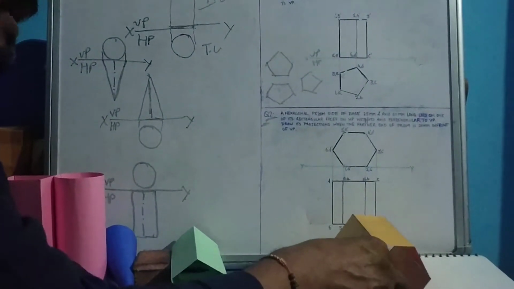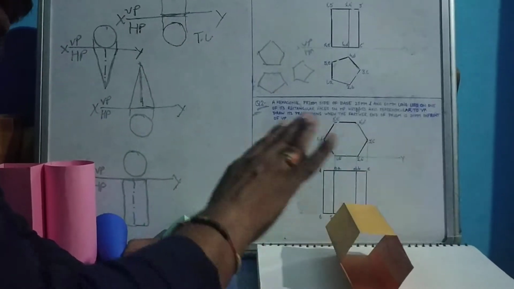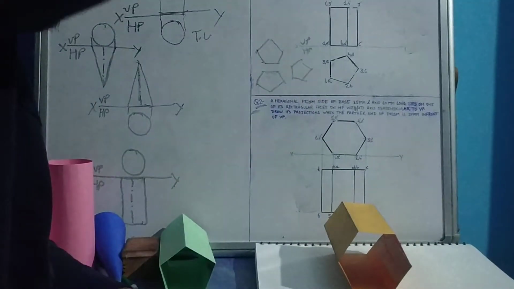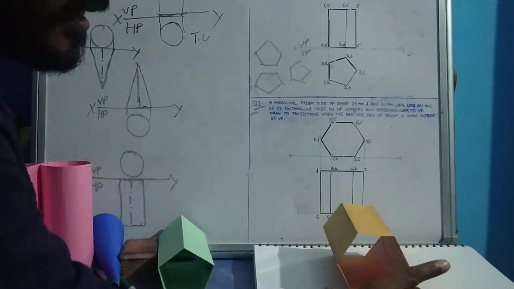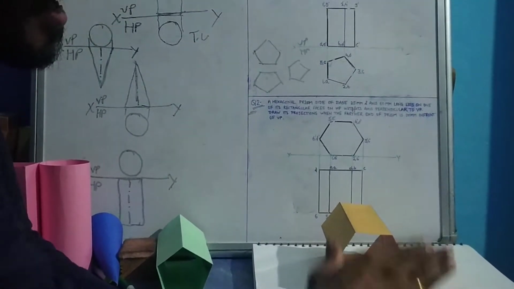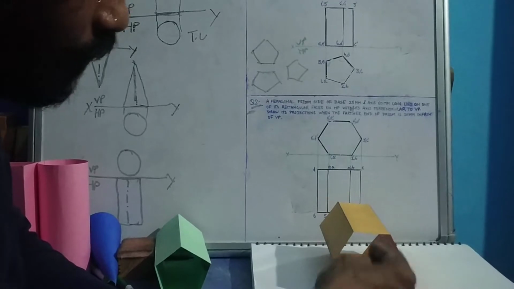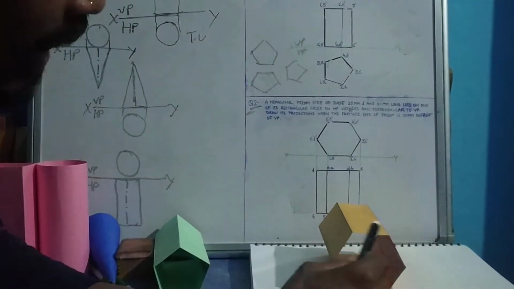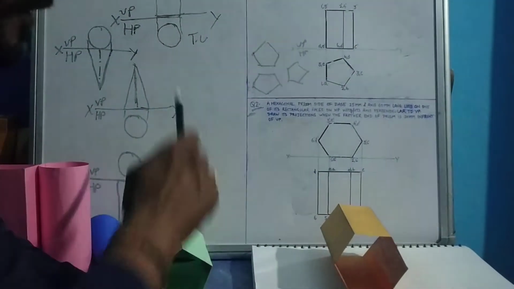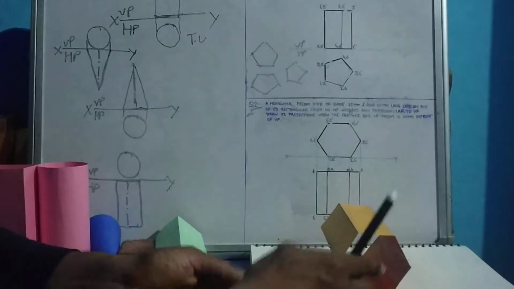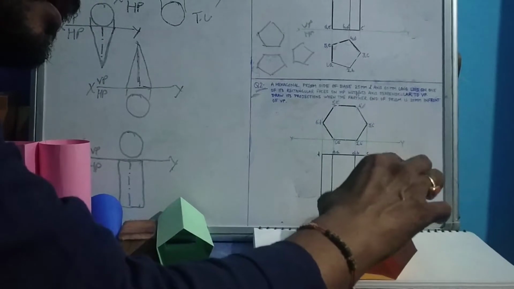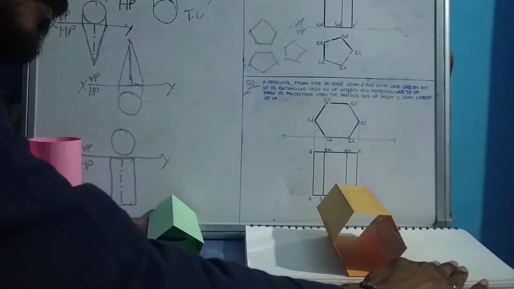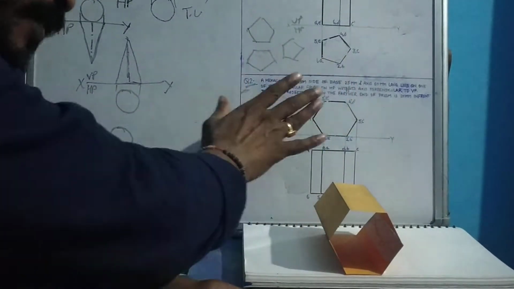When the hexagonal prism is placed on HP like this, when we view from the top, we will get a rectangular shape on the HP, and when we view from the front, we will get a hexagonal shape on the VP plane. As I have already explained, in this case we get a rectangle on the HP and a hexagon on the VP.